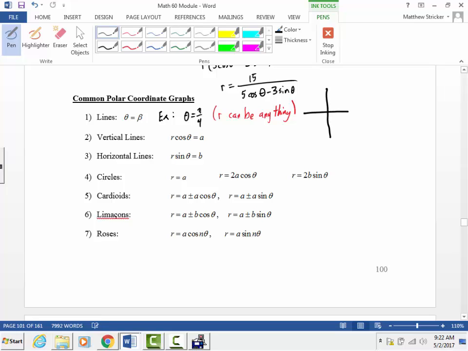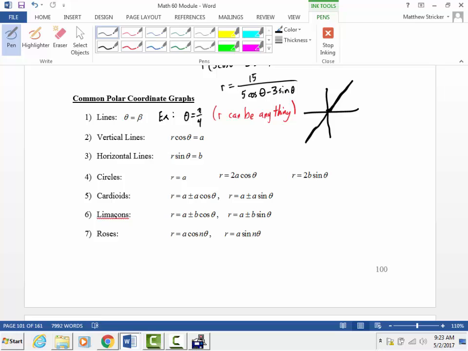If theta equals pi over 4, pi over 4 is this line right here, right? If I take any point on that line, that means r can be anything, but we're always on that line because we're not allowing theta to change.